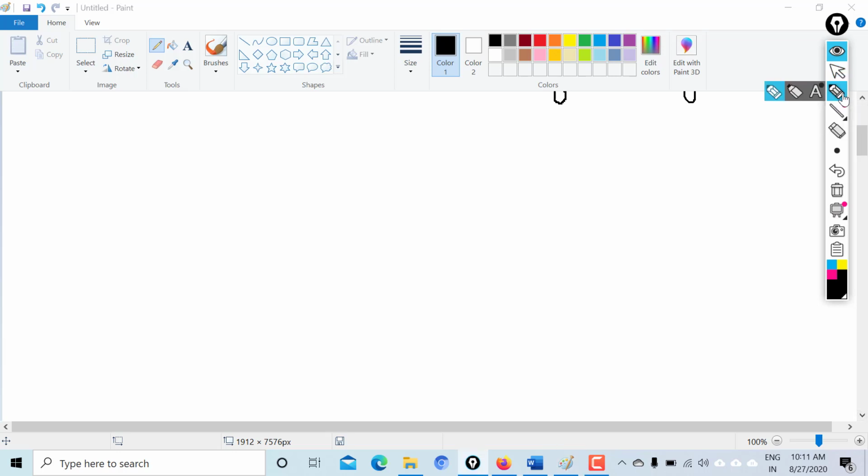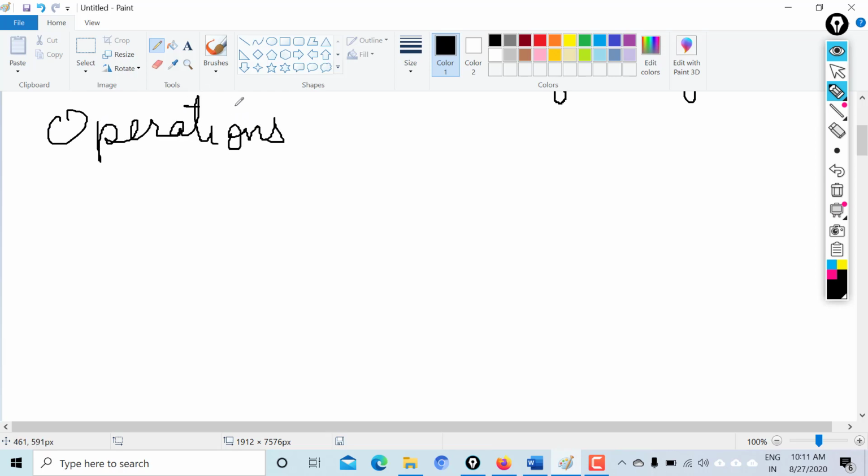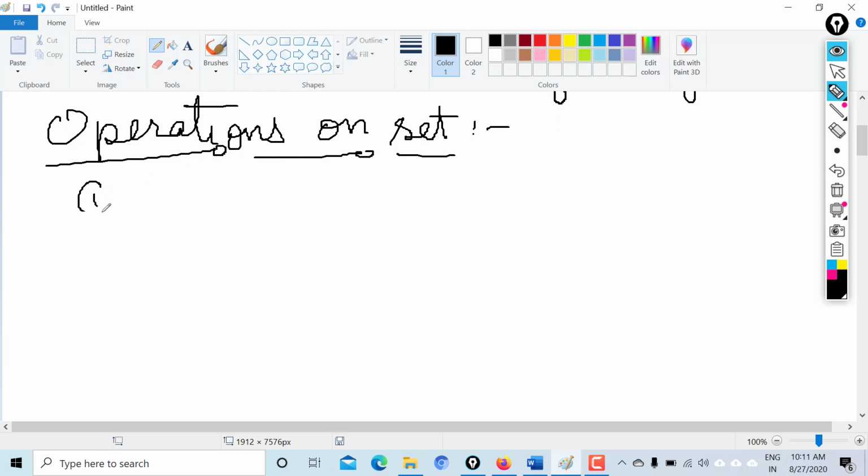Operations on sets. The first operation is union.